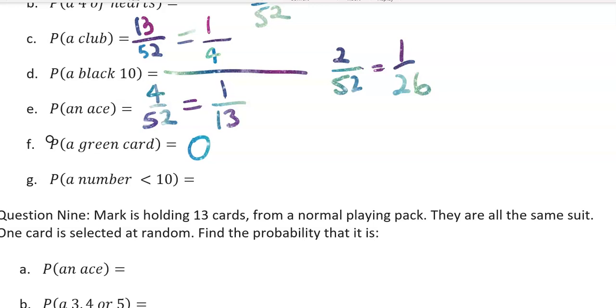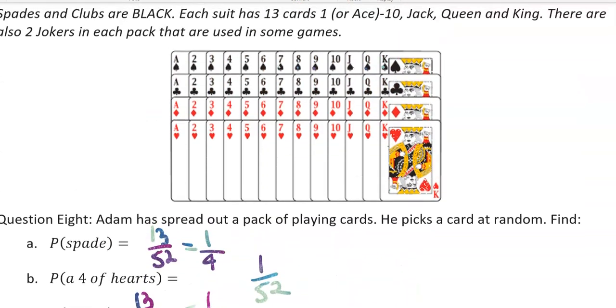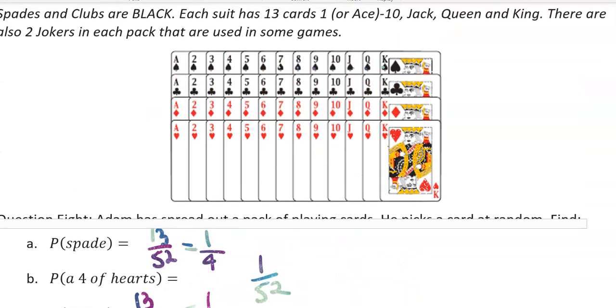All right, probability of a number less than 10. Okay, let's count our numbers less than 10. Now, we're not going to include ace as a number, but we've got 2, 3, 4, 5, 6, 7, 8, and 9. So 1, 2, 3, 4, 5, 6, 7, 8 numbers, and another 8 numbers here, and another 8 numbers here, and another 8 numbers here.